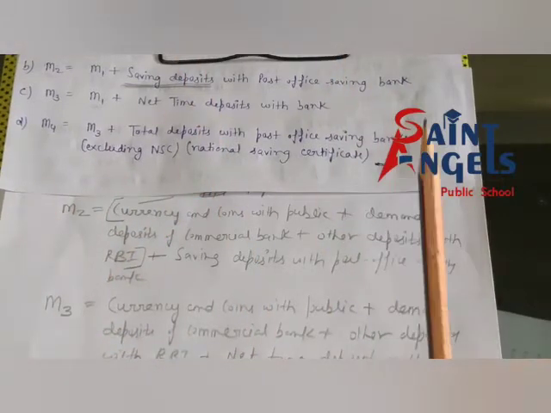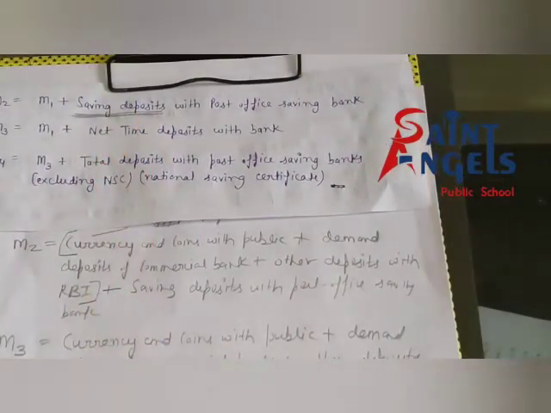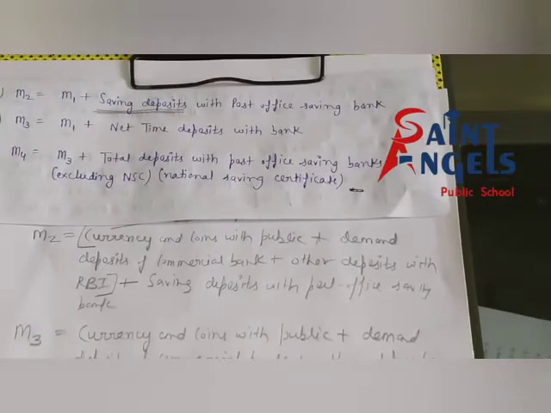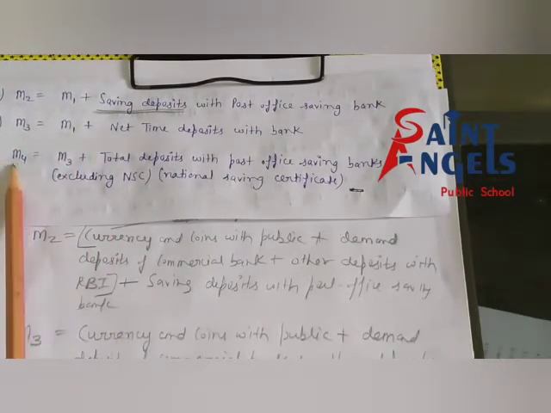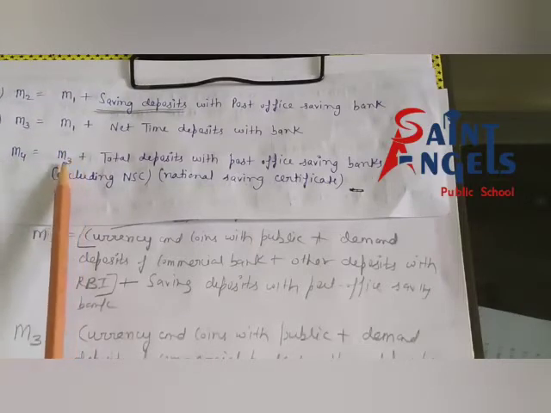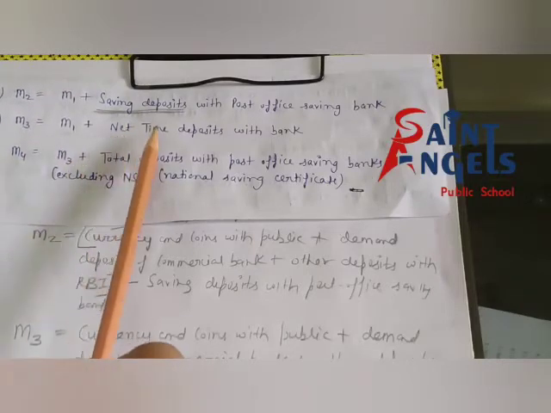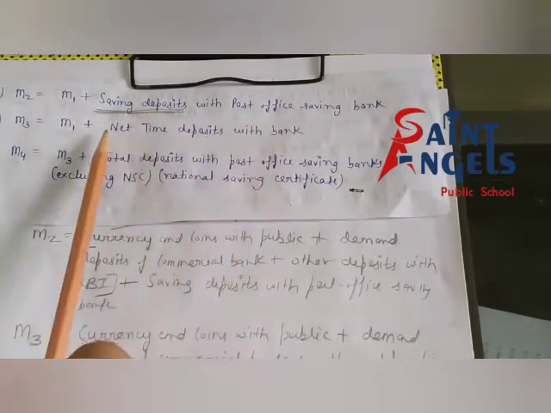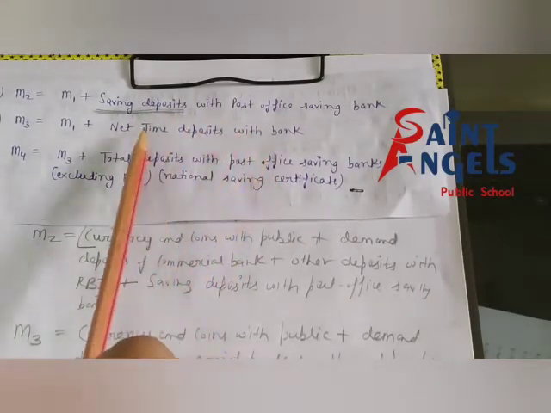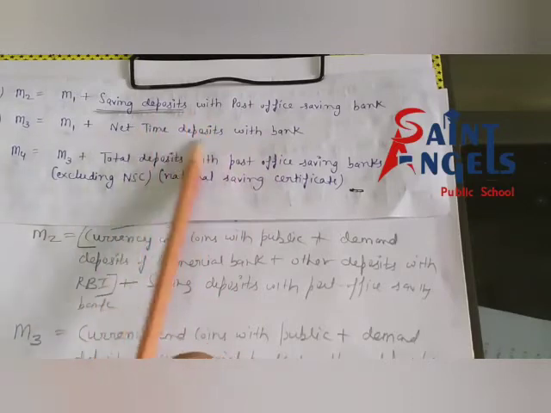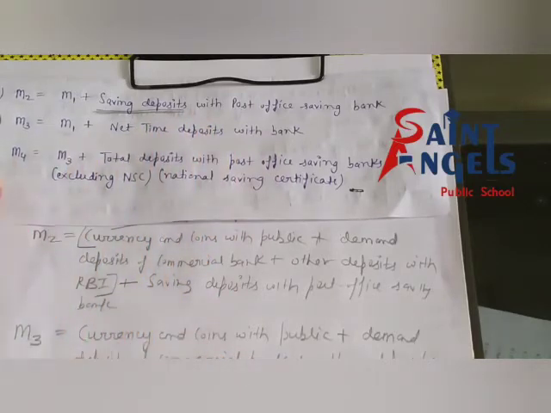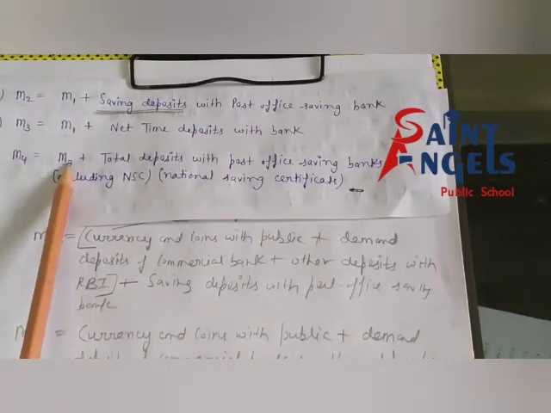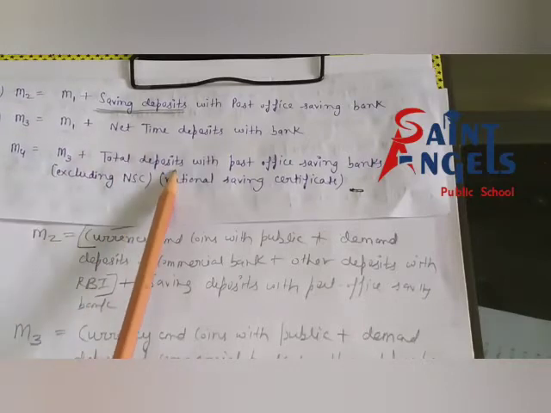See, after this, component 4. What is the formula of M4? What is the meaning of net time deposits with bank? Later we will discuss. Hold it. What is the formula of M4?